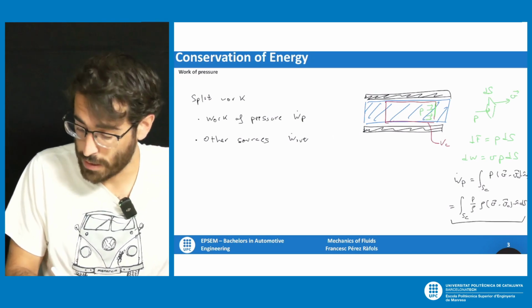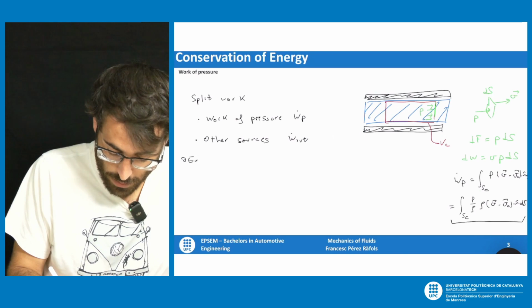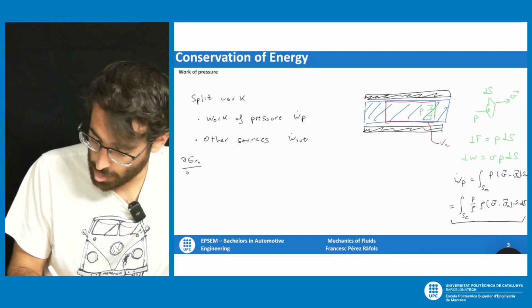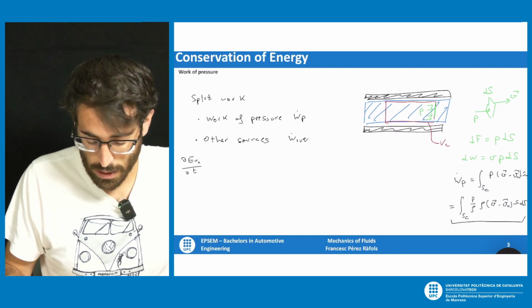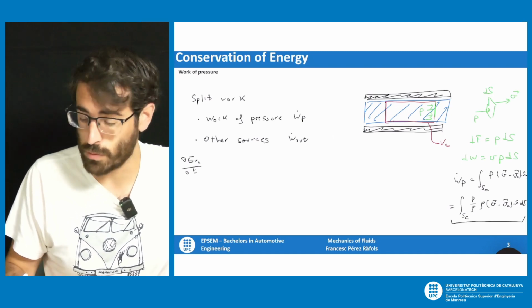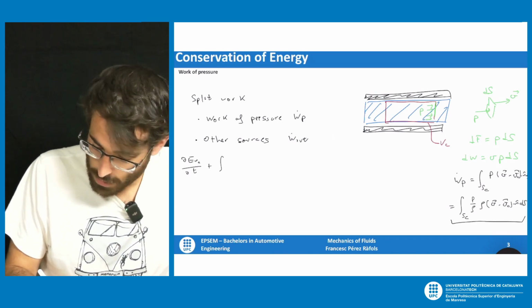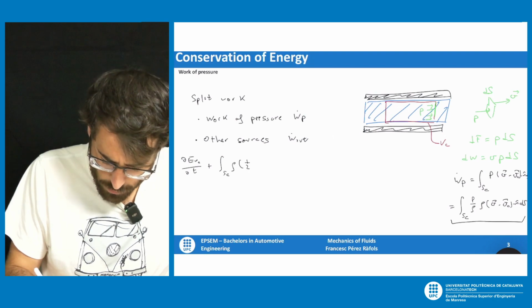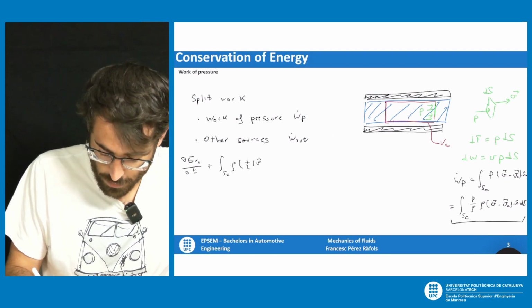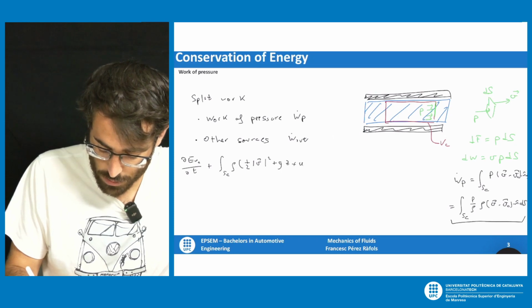the conservation of energy, and that's going to be d Ec over dt. Let me not write it in the integral form to save some space, and then plus the integral over the surface of rho, and then 1/2 v squared plus gc plus u.